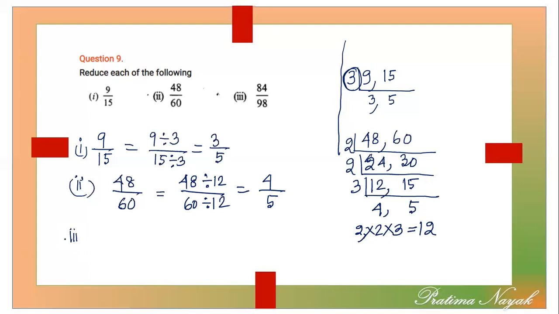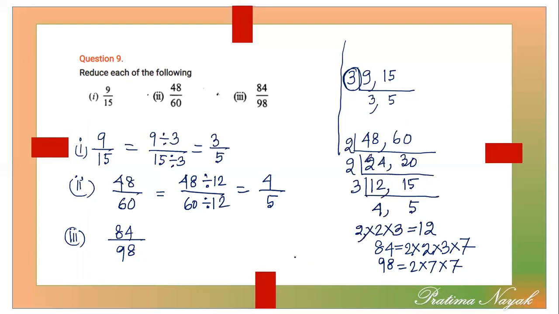Coming to the third part. 84 by 98. So I'm getting the HCF of 84 and 98. So 84 is 2 into 2 into 3 into 7. And 98 is equal to 2 into 7 into 7.